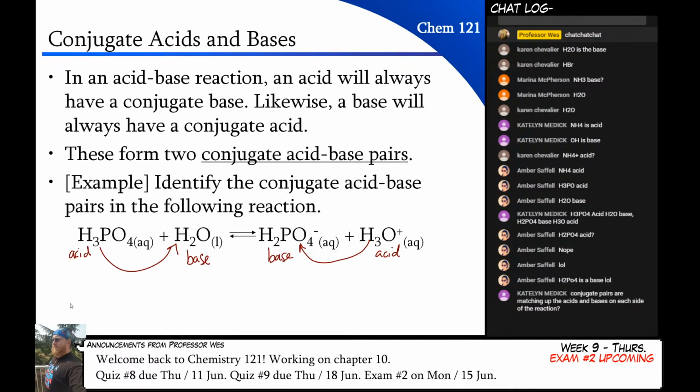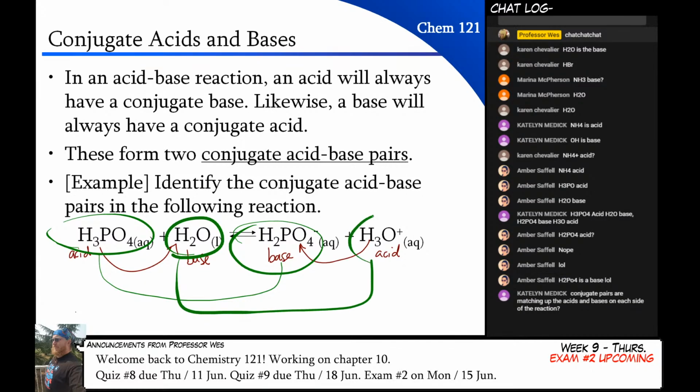And then finally, I got to link the conjugates together. So the conjugate of phosphoric acid is whatever differs by H plus, and that's this guy. And then the conjugate of water is whatever differs by H plus, and that's this guy. So the conjugate pairs always differ by H plus.